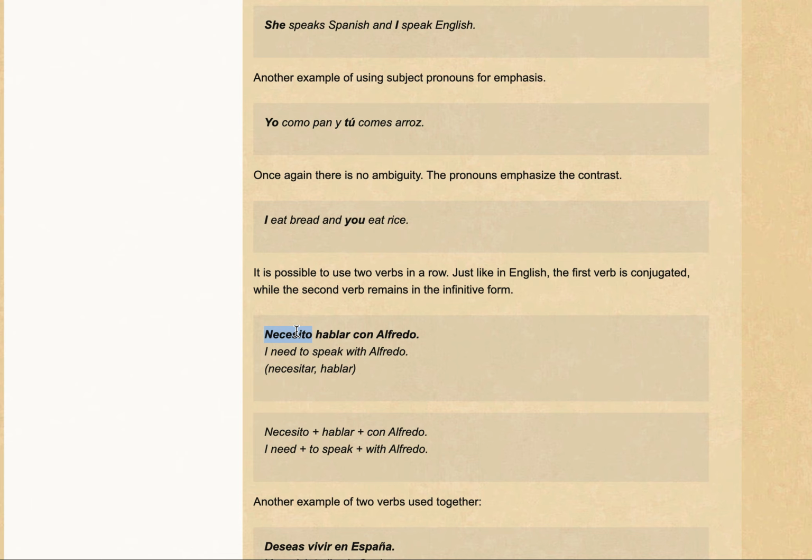We're not exactly specifying yo, but you know it is yo, right? So, necesito hablar, we're keeping it as it is, and it remains in its infinitive form. So, it says that I need to speak with Alfredo.